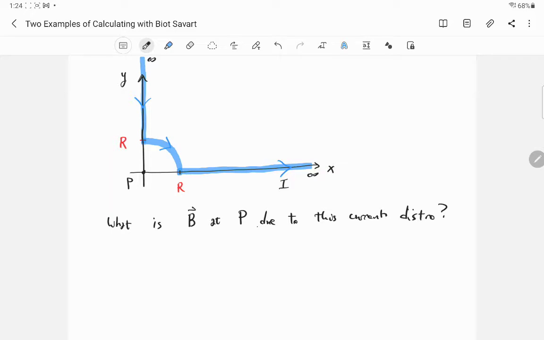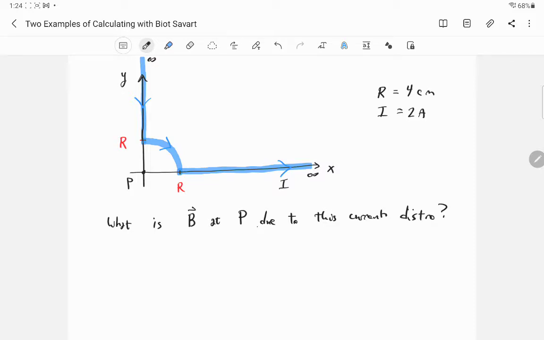So let's say that the radius of curvature is 4 centimeters. So this is some small arc. And the current, we can just give it a value, say 2 amps. So we've got a very, very particular problem.